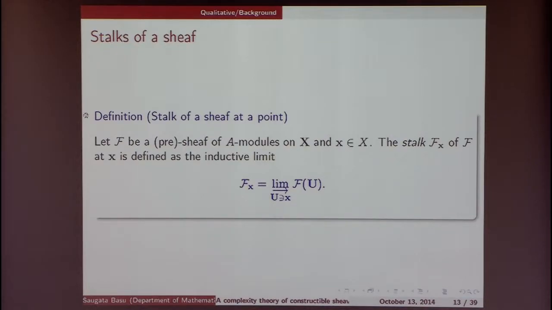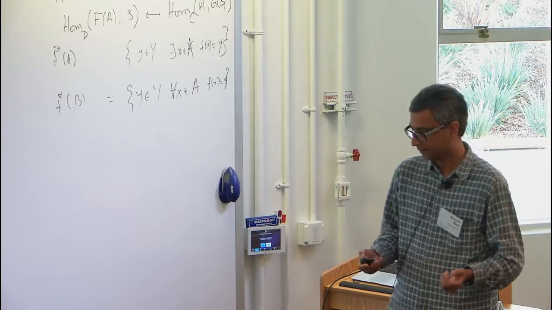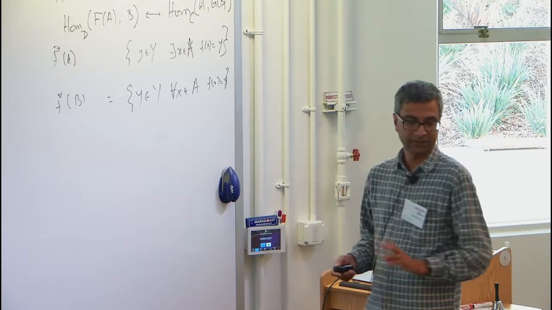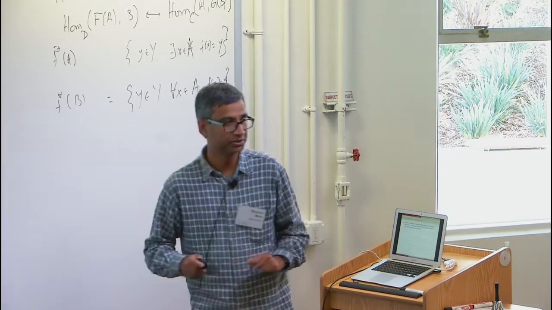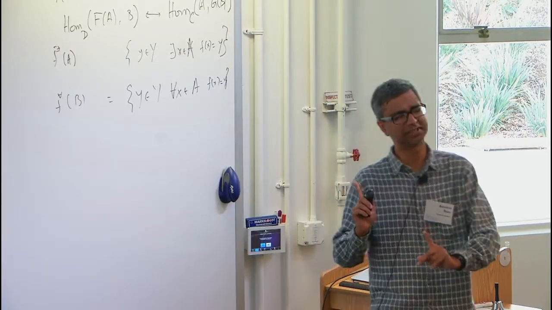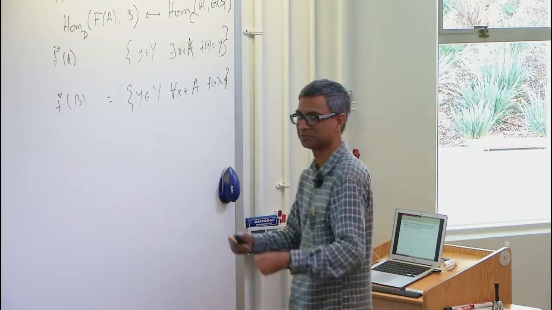So everything that you can do with vector spaces or A-modules, you can do with sheaves. So you have exact sequences, you have morphisms, you can take direct sums, tensor products of sheaves, and you get sheaves. But now we are going to go to a somewhat more nasty category, namely the derived category of sheaves on X. And this is the most difficult slide. If I go through this slide, then I'm home free.